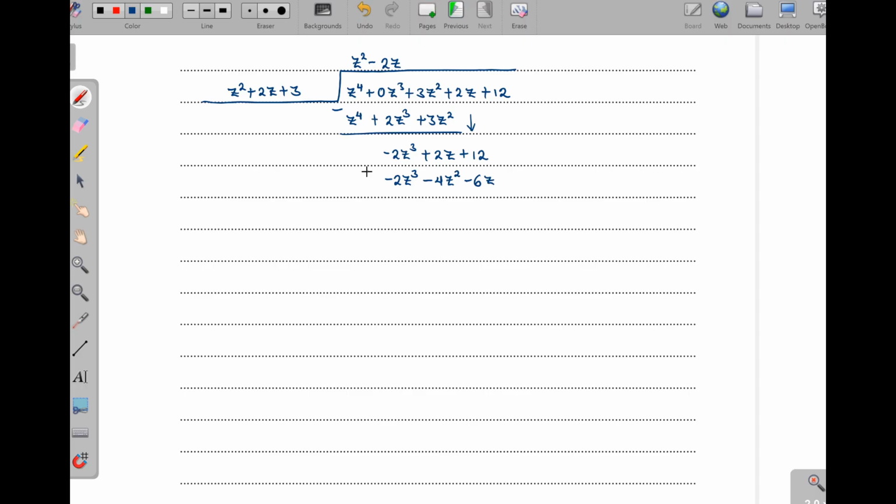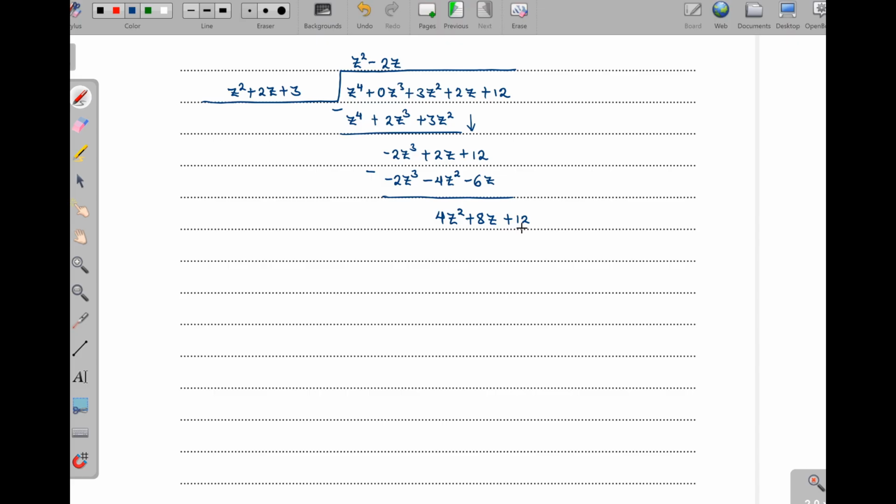Then we can subtract. When we subtract here, of course, the first one disappears. Then there is a 0 here for z squared. Then minus 4. So that will be positive 4z squared. Are we there? Then 2 minus 6. That one will be a positive 8. You following? Then next, we shall have the 12 dropping.